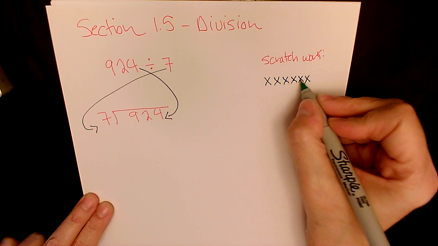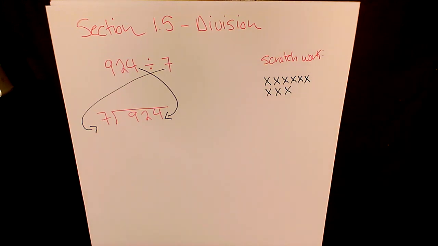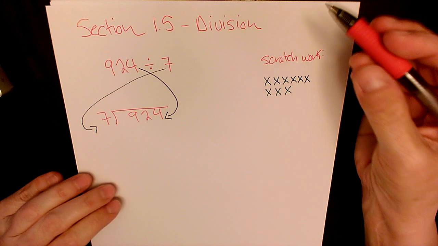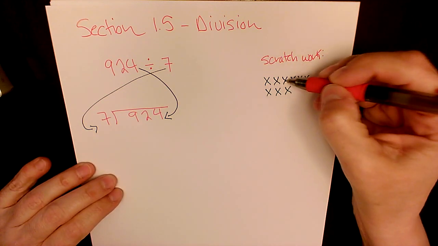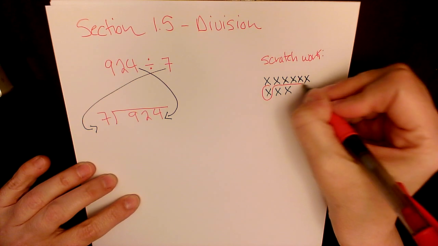1, 2, 3, 4, 5, 6, 7, 8, 9. Okay. So there are 9 X's, and I want to know how many groups of 7 I can take out of that 9. I'm going to count and see how many 7s are in here. 1, 2, 3, 4, 5, 6, 7. I'm going to circle it.